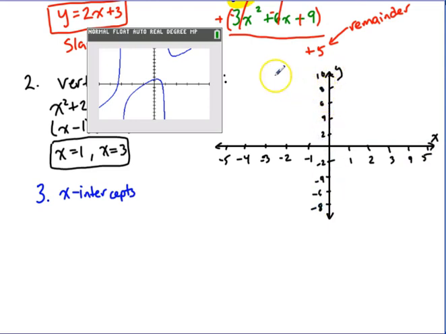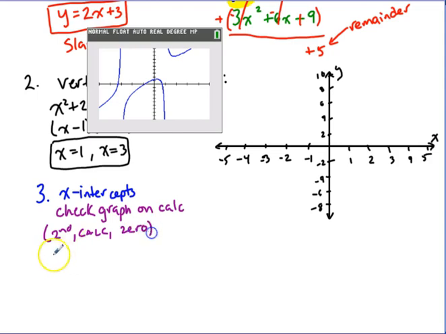Okay, so we've laid out ourselves a scale here, and we're going to try our best to plot some points. So we had the x-intercepts that came from our graph. And so again, the tool we used was second, calc, and then 0.